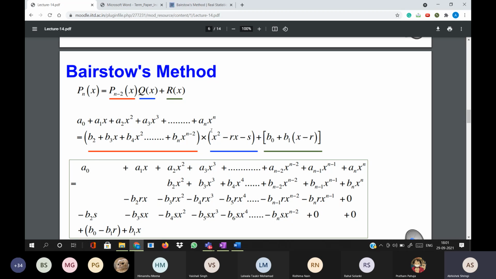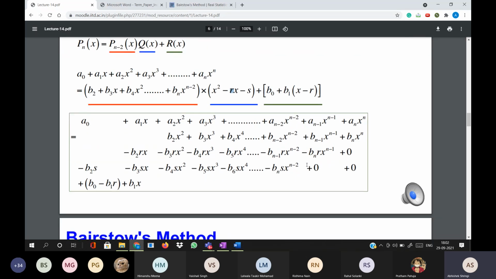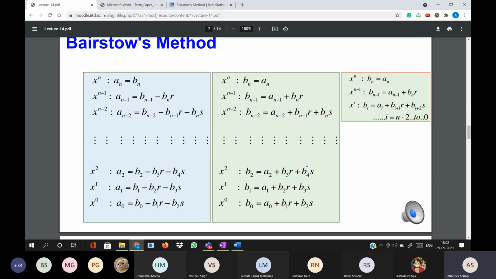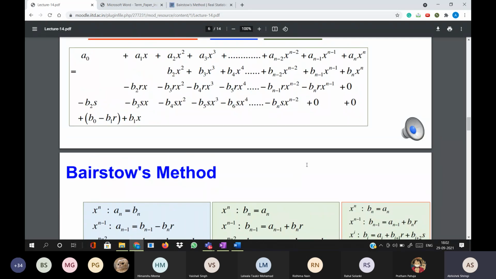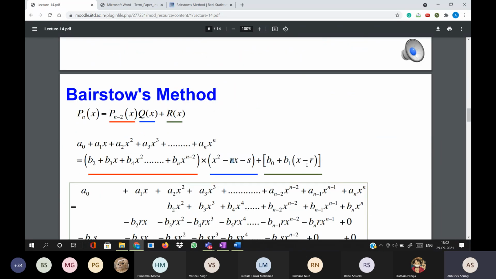Basically we assume a quadratic polynomial with initial r and s, and by that we find the change in r and change in s, which will lead us to the correct values of r and s. I hope all of you are getting it.